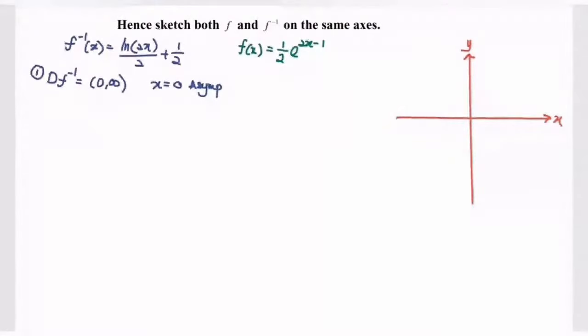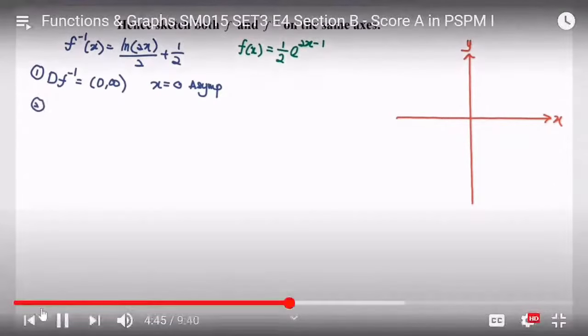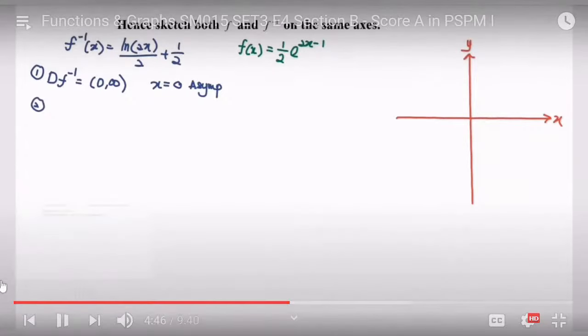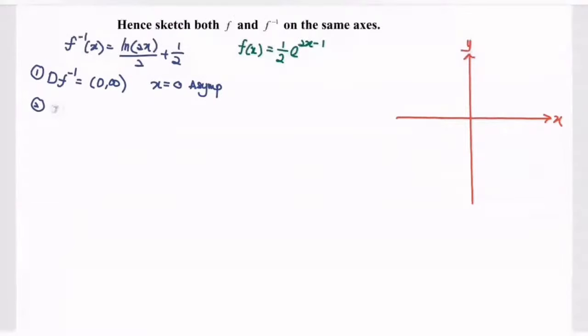Next, what we have to do is to find the x-intercept and also the y-intercept. So ikut saya tengah buat step by step untuk buat graph untuk ln. Ini adalah kaedah saya. Okay, saya mesti kena keluarkan banyak info, then baru saya boleh sketch the graph. The y-intercept, we are going to substitute when x equals 0. So kindly refer to the domain.